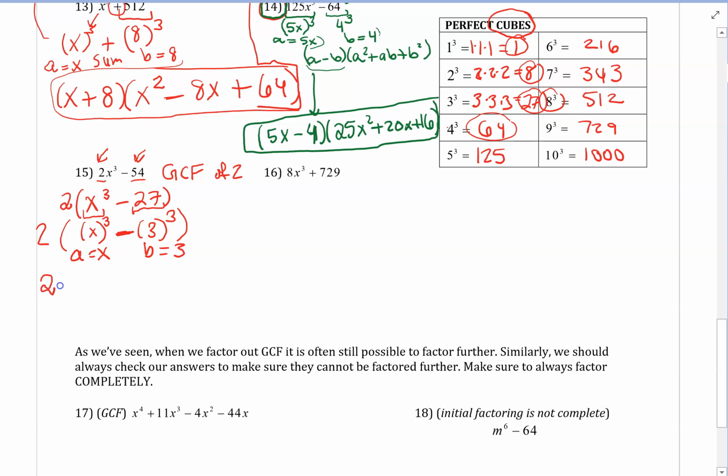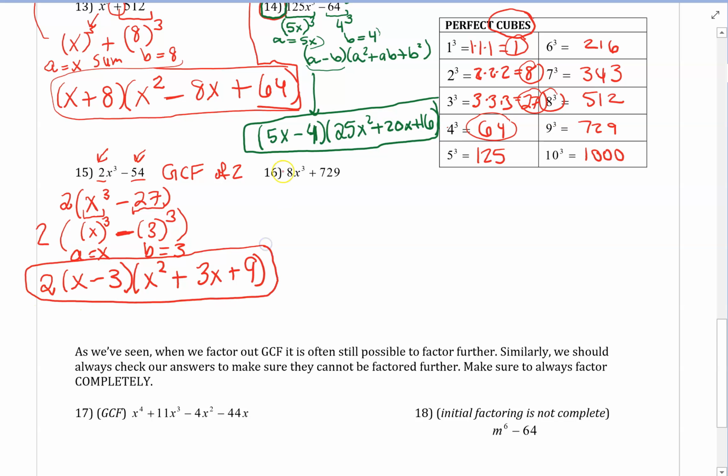So I'm going to do a minus b, so x minus 3, and then a squared plus, because that sign is always opposite the first sign, a times b, which would just be 3x, and then plus, because the last sign is always positive, b squared, which is 9. So my final answer is 2 times x minus 3 times x squared plus 3x plus 9. Why don't you guys go ahead and try 16?